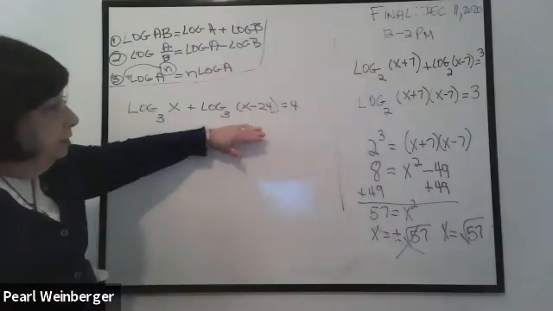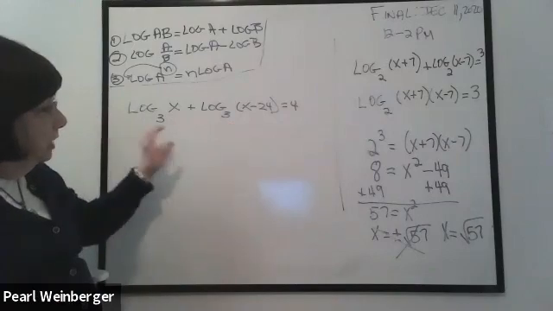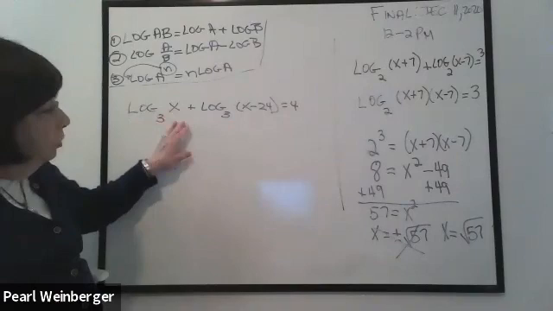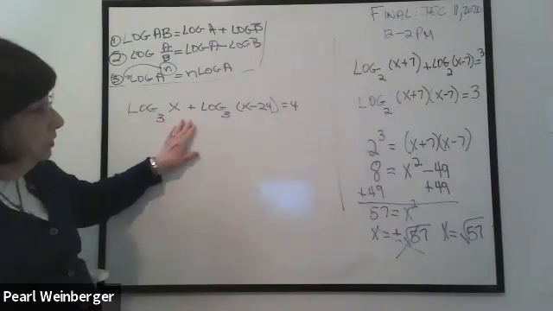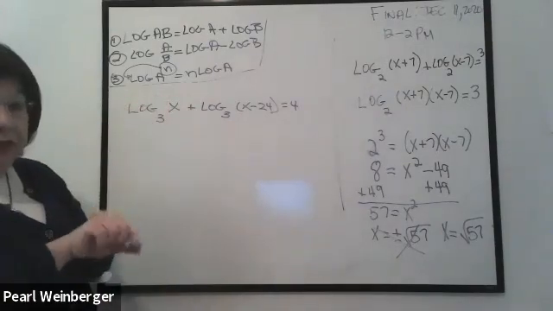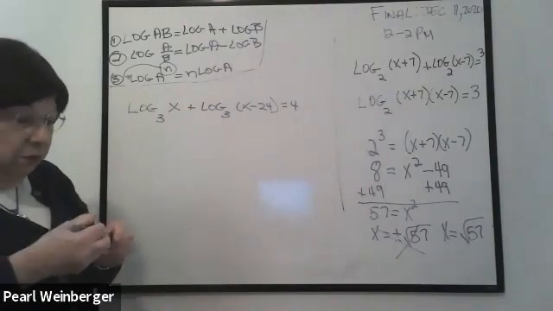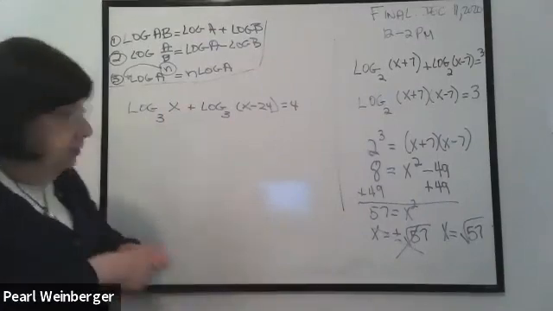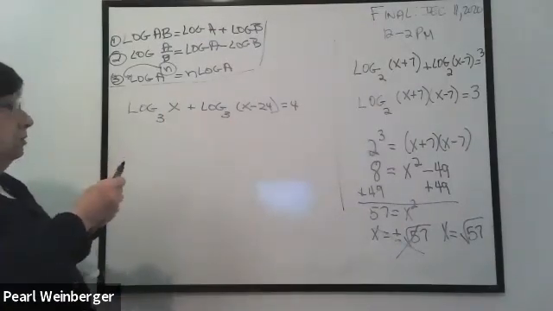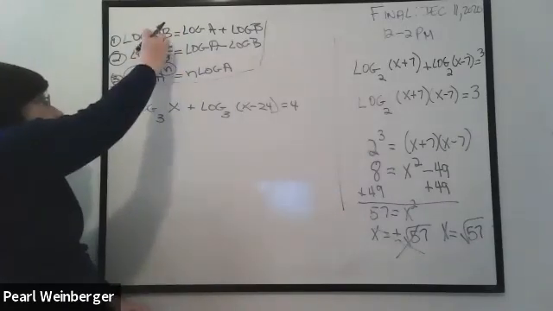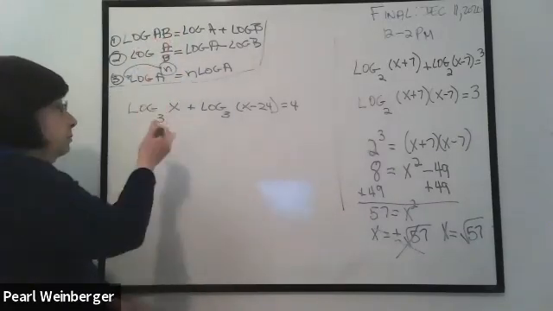Again, I have a log equation. I want to solve for x, and I have more than 1 log on my left side. And I see that the sign between the 2 logs is plus, so I want to contract this back to a single log. And the way I'm going to do that is I'm going to multiply, because when I'm adding logs, it must have been that I originally was multiplying the numbers.